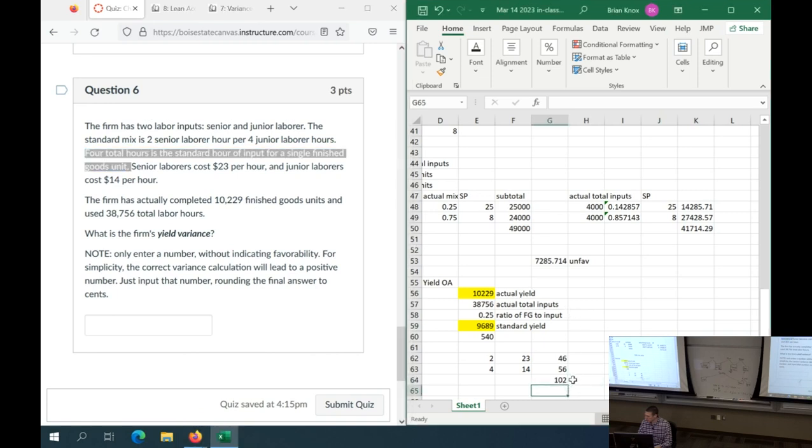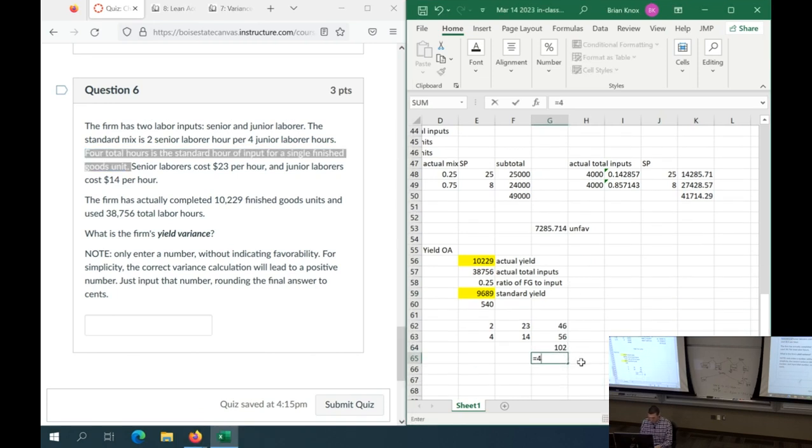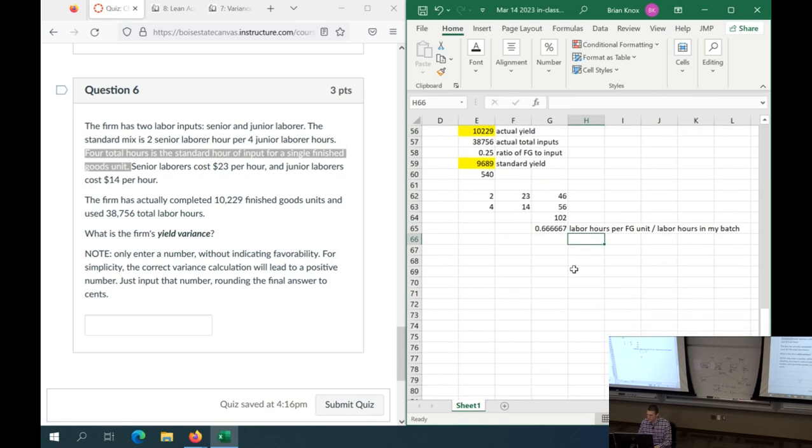So I'm going to have to convert that. I'm going to say 4 over 6. This is labor hours per finished goods unit divided by labor hours in my batch. So that should get us standard price and standard mix.